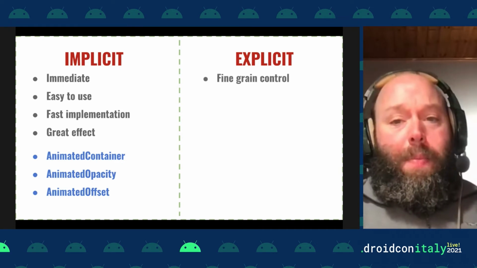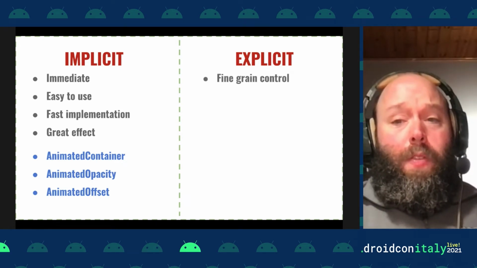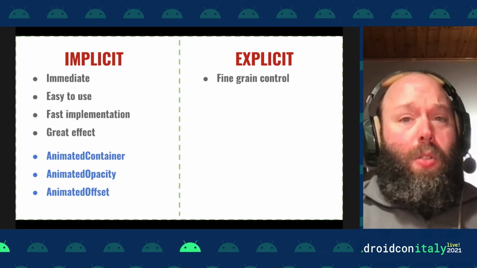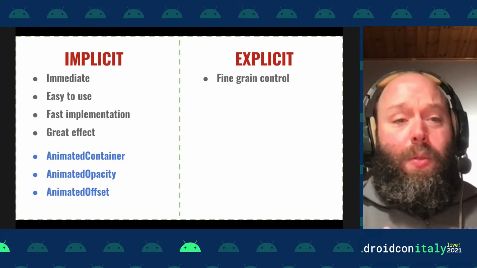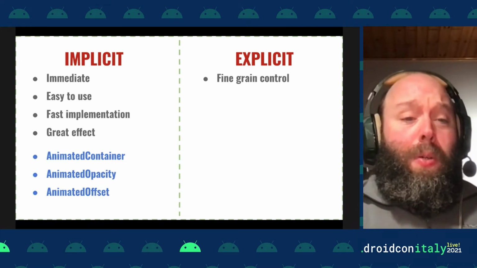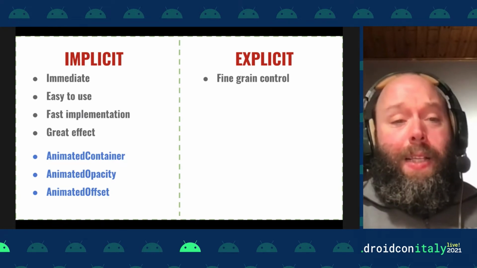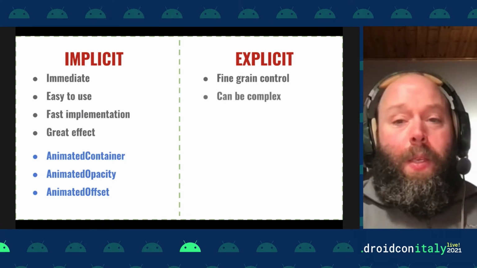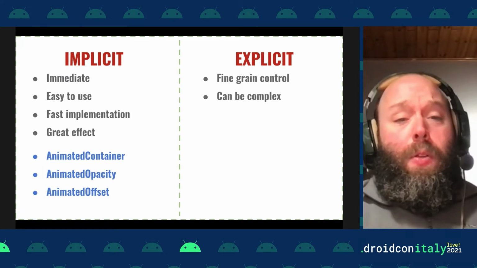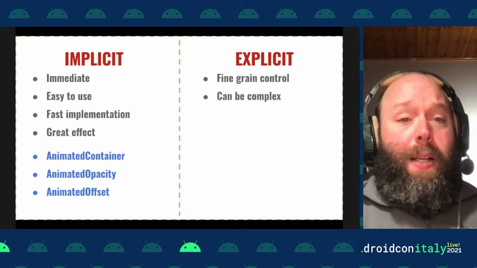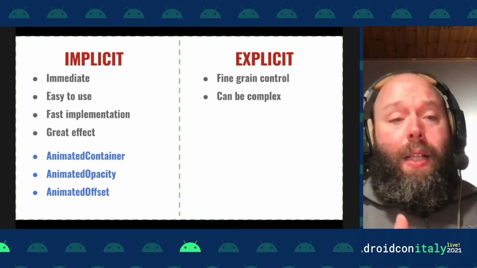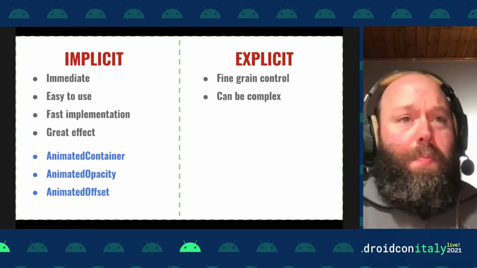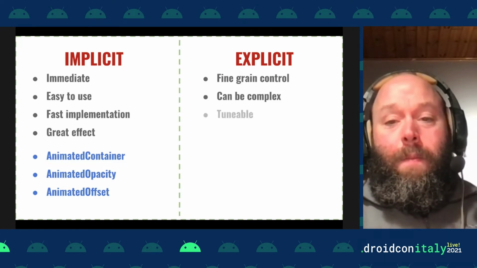Then we have the explicit animation. The explicit animation gives you greater control on what the animation should do. Basically, you may need to write more code with the explicit animation, but you can control basically pixel by pixel how the animation behaves. These enable you to do some pretty complex animations because you can decide the timing, the direction, basically everything.